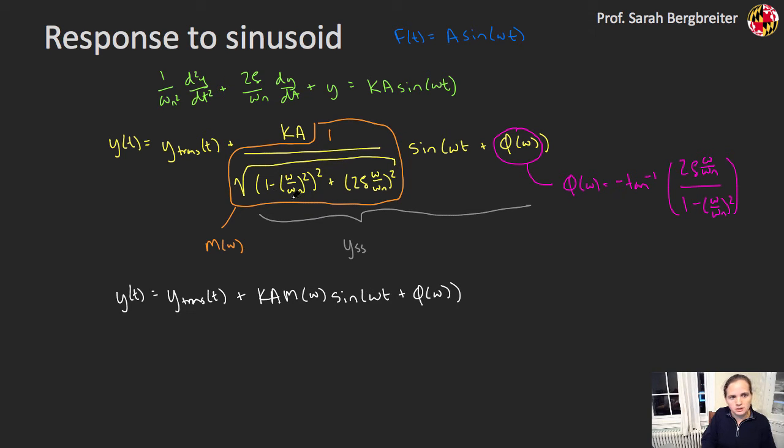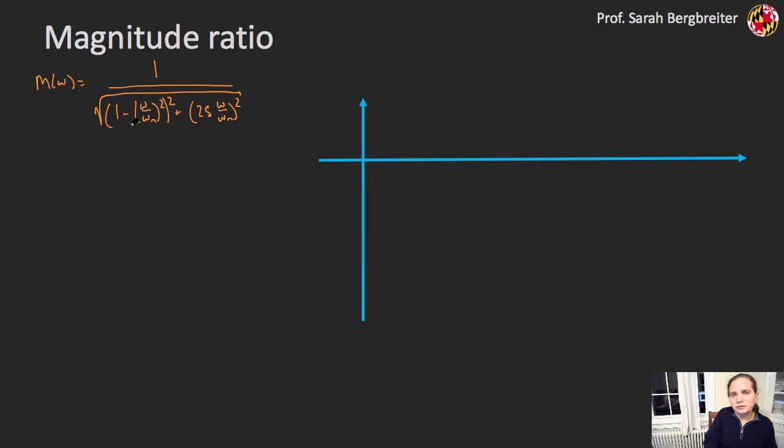And that magnitude ratio and phase response are defined like this. And similar to the first order system, I can plot a Bode plot for that magnitude ratio and that phase response. In this case, I'll also have 3 cases like I did for the first order system.